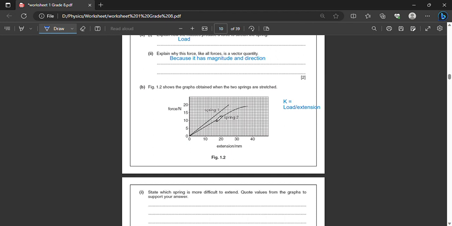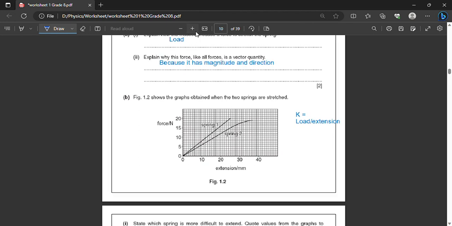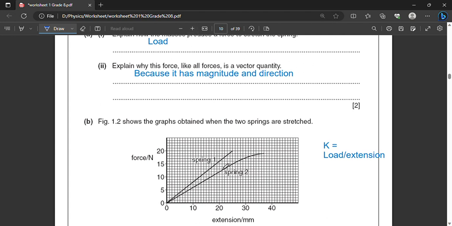If you zoom in, this graph is obeying Hooke's law. But if you check here, from here the spring is starting to bend. So let's make this value 25, and here let's make it 18, because here also it is bending.